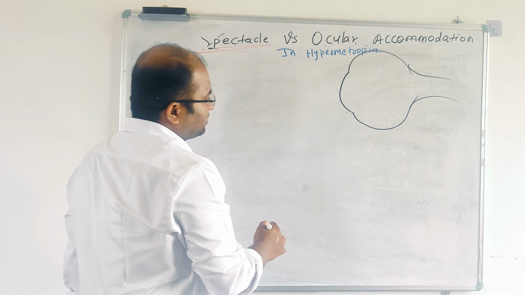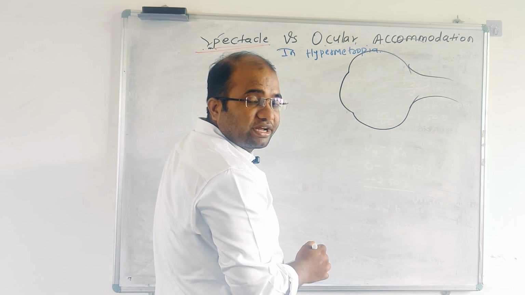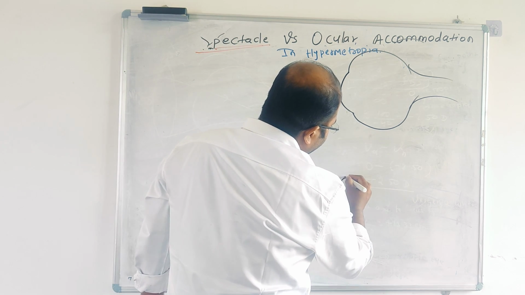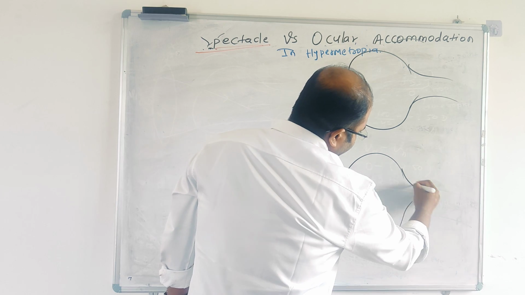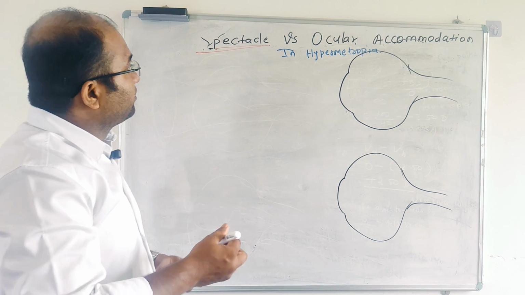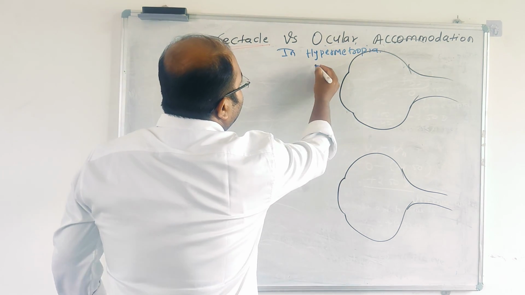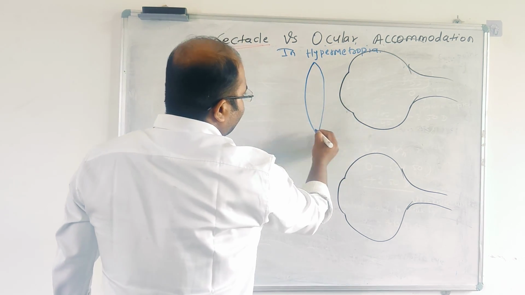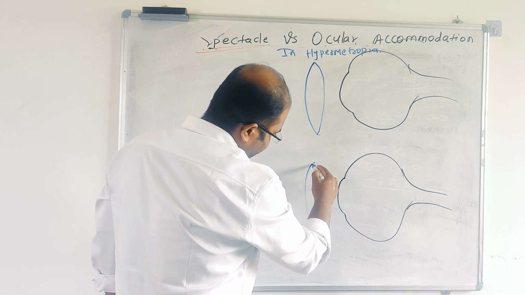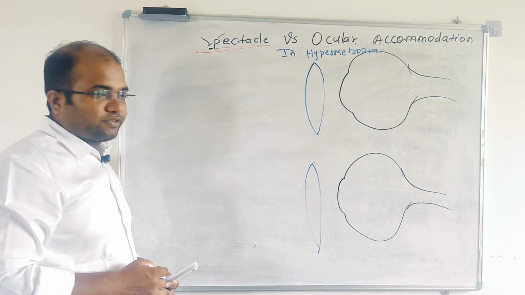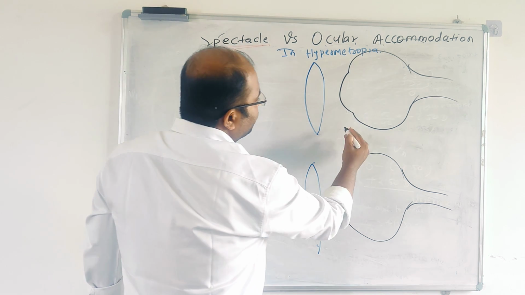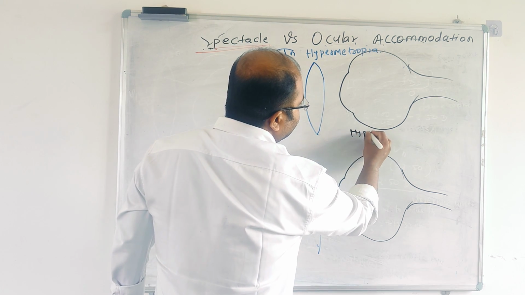So let's assume this is a hypermetropic eye which is focused for distance, and one more eye we have to draw, which should be focused for near, right? And of course this eye is corrected with a plus lens, and here also the eye should be corrected with a plus lens.